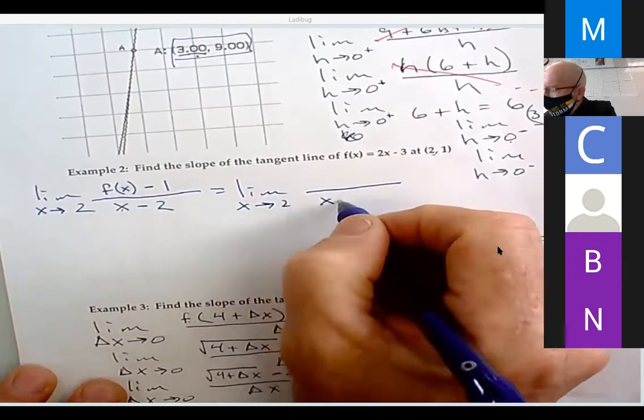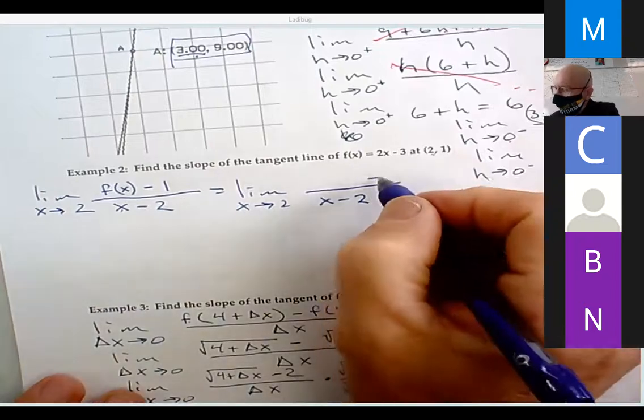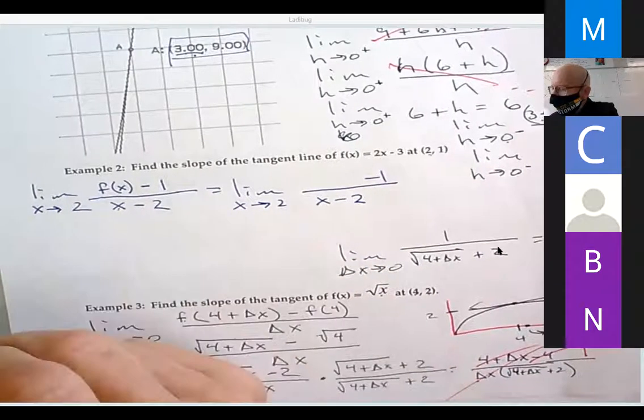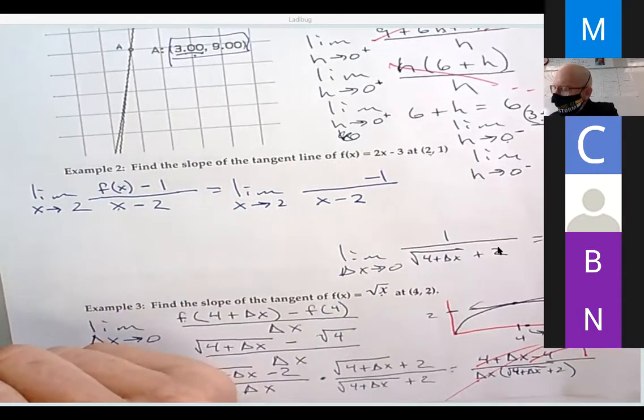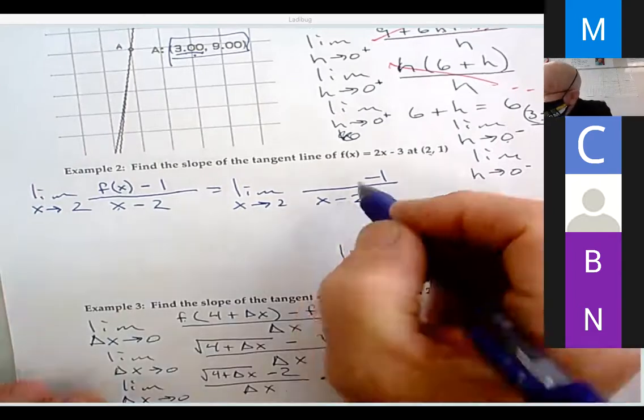So I'm going to get rid of this f of x. What am I going to replace it with? Nope. What's the name of f of x? It was given a name. It says, find the slope of the tangent line of f of x equals 2x minus 3 at the point 2, comma 1. Oh, 2x minus 3. Yeah, 2x minus 3.